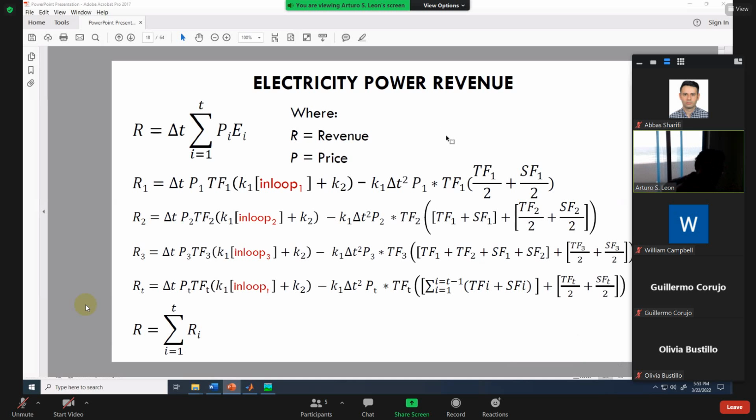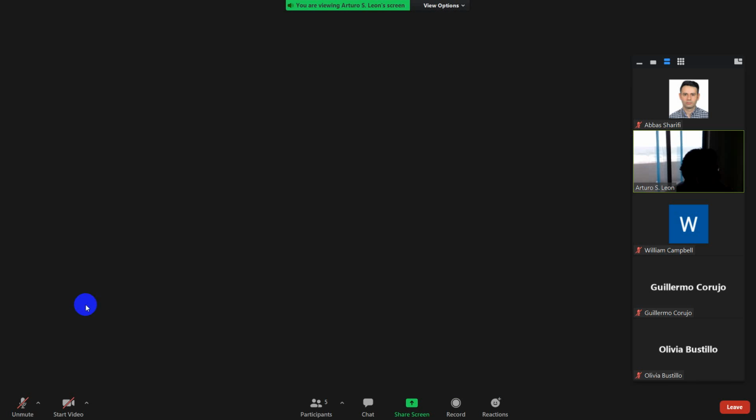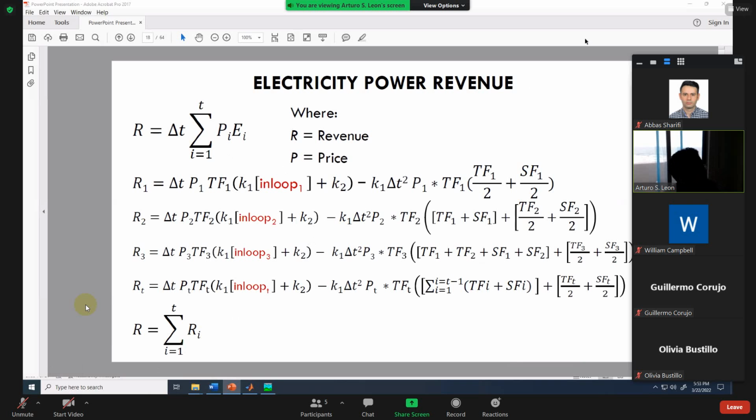The revenue is the electricity, the kilowatt hours, times the price. And simply, the revenue is going to be the sum of hourly revenues, because every hour you are making money, you are selling. So the revenue will be the sum of those hourly revenues.